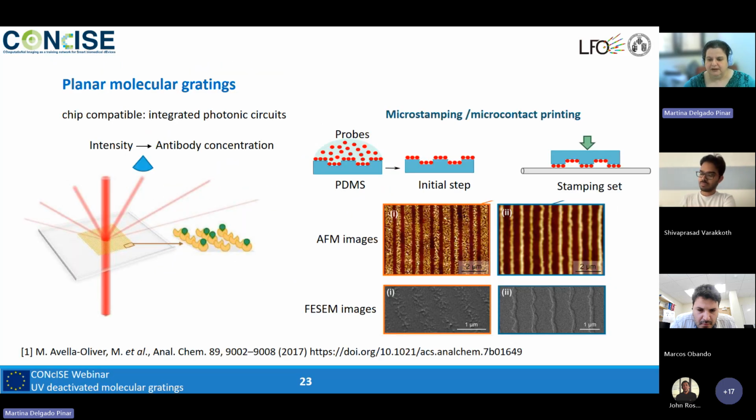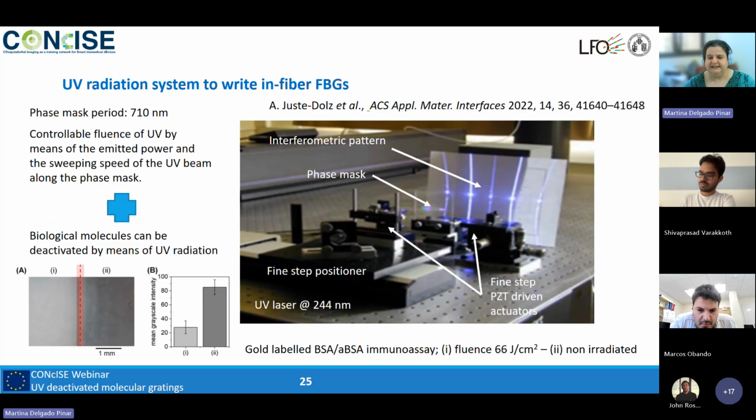So instead of using microprinting, we can use our setup to fabricate Bragg gratings with UV light. The thing is that when you illuminate a molecule with UV light, the structure of this molecule changes, and then you say that you denature these molecules, and they are not active anymore to interact with their antigen or with other molecules that you wanted to detect.